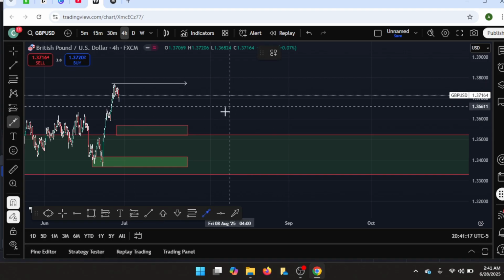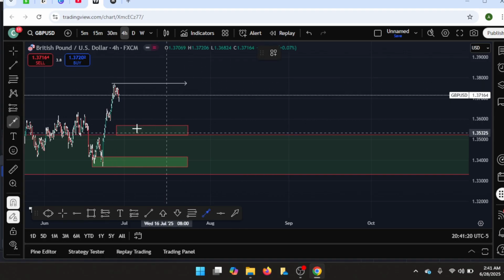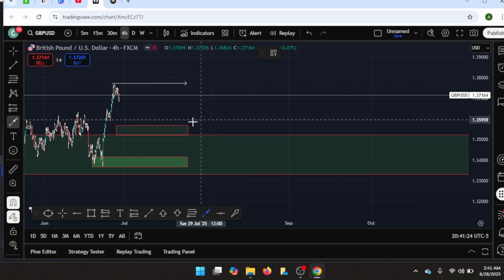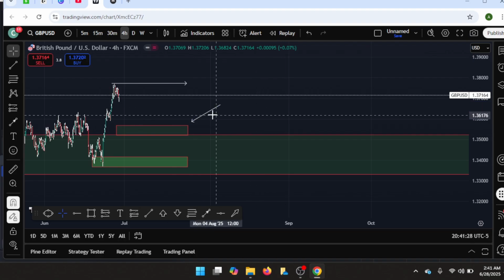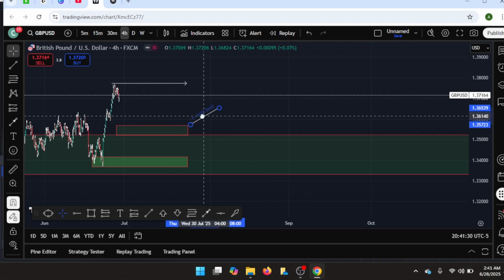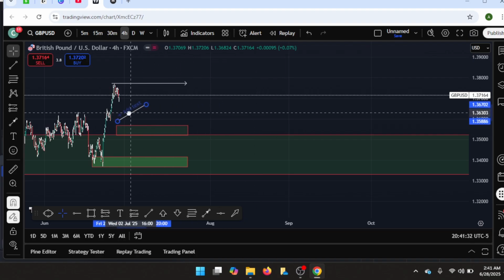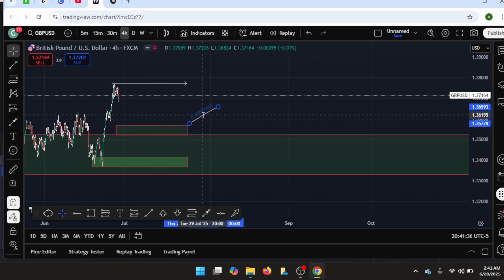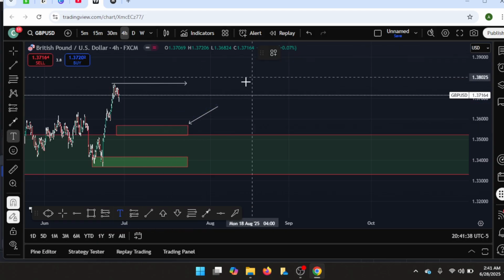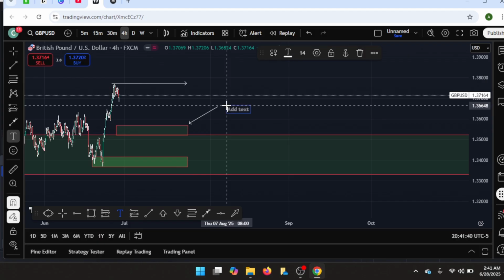Now, if you look at my Fibonacci, I drew it with a rectangular box. But for me, there is something I'm seeing. Look at this area, this top red line is my 50% fib.